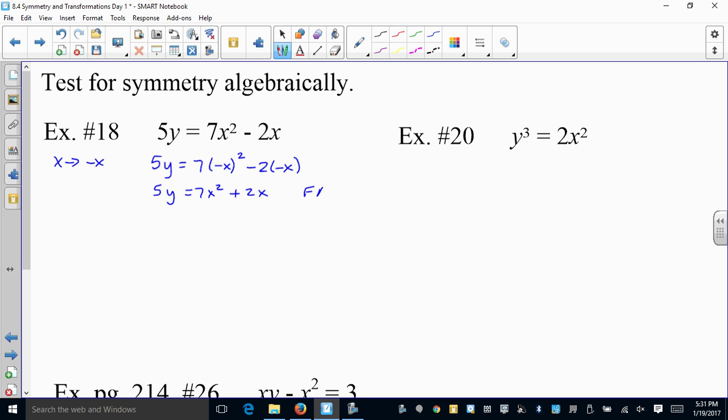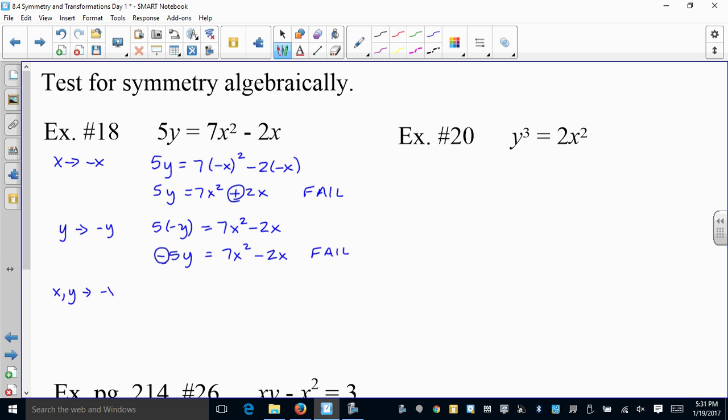Right there. So let me try taking y and switching it to negative y. So I have 5 times negative y equals 7x squared minus 2x. So now I have negative 5y equals 7x squared minus 2x. And again, it failed because of this guy right here. So let's do both. x, y, and I'm going to change it to negative x, negative y.